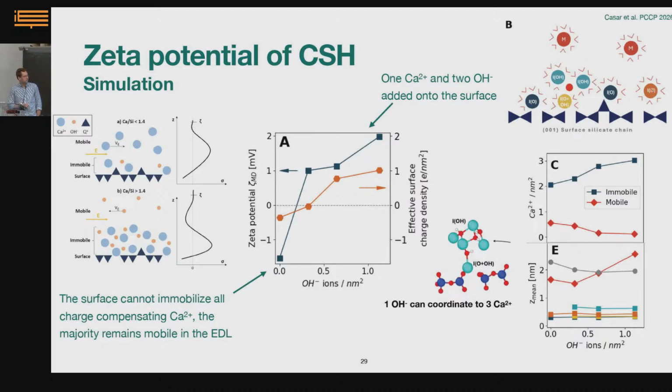In the case where you have a lot of OH minuses, you have a negative surface charge, but then you have a highly positive surface charge layer due to the immobile adsorbed calcium on the surface.